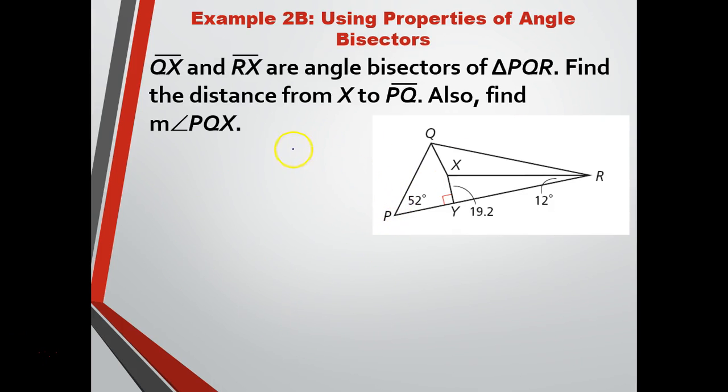All right, so let's do another exercise that's similar to the last one. We have QX and RX are angle bisectors of triangle PQR. Find the distance from X to PQ. Also find the measure of angle PQX. All right, so here we go again. The distance from X to PQ.